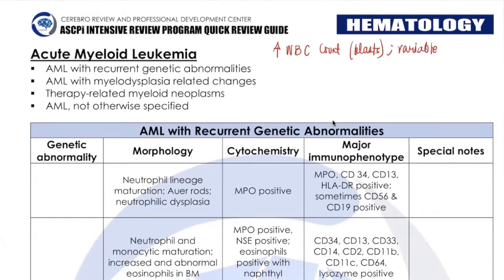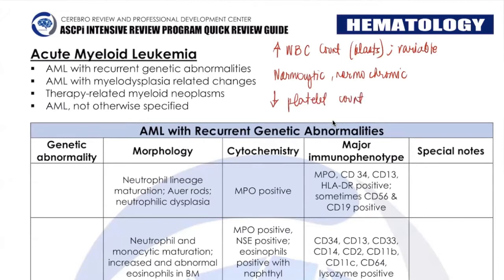Then also, if you have leukemia, isa din sa mga manifestations nito is anemia, and the type of anemia is normocytic, normochromic. And lastly, of course, magiging mababa din yung ating platelet count.